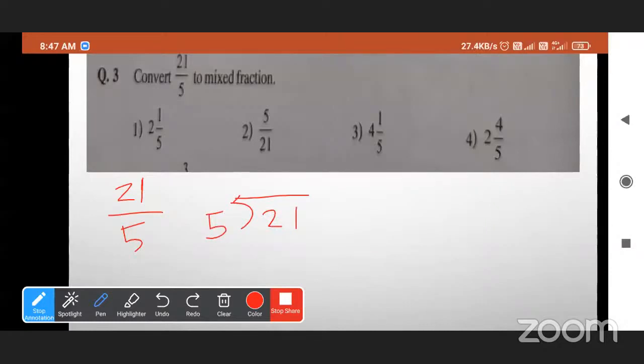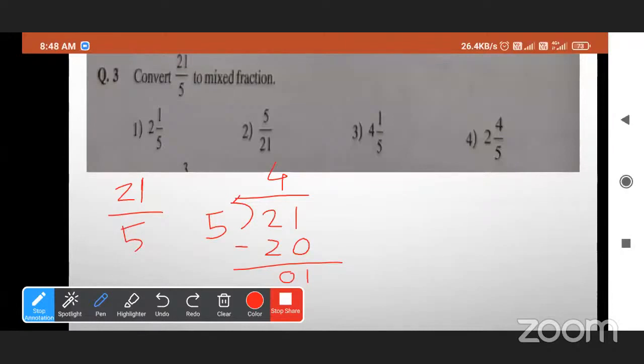Tell me the table of 5. 5 ones are 5, 5 twos are 10, 5 threes are 15, 5 fours are 20. Okay. 21 minus 20 is 1. Good. Now, which one is the whole number?